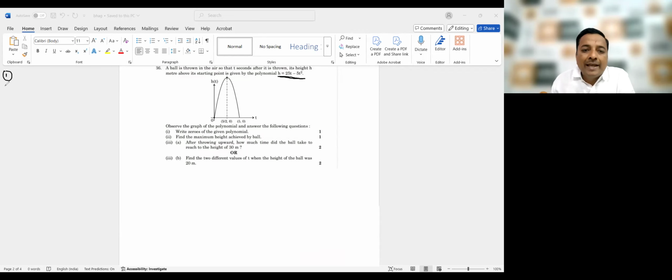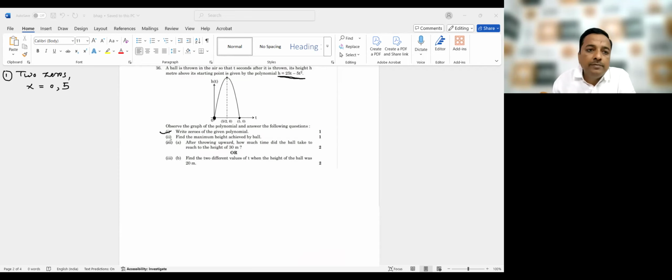Wherever it intersects the x-axis. How many zeros are there? There are two zeros. One is where it intersects the x-axis at 0, and the second is where it intersects the x-axis at 5. So these are the two zeros of this polynomial.